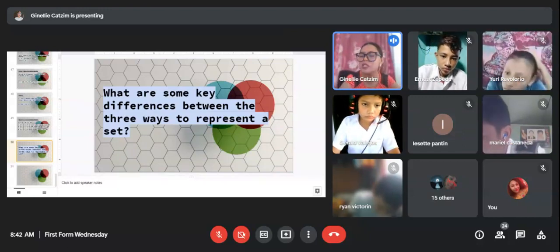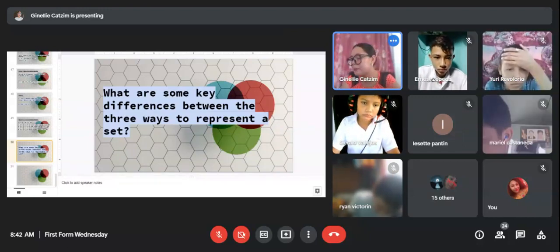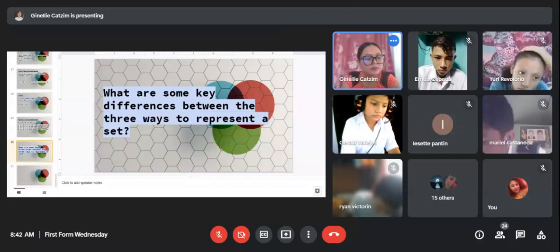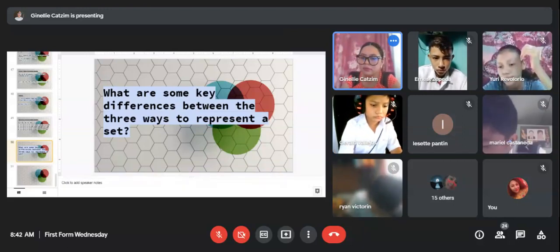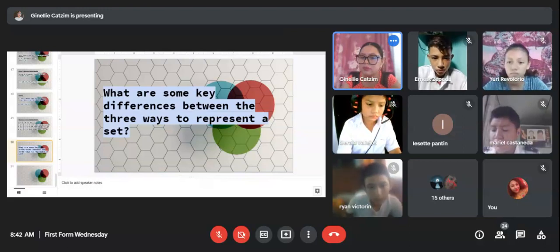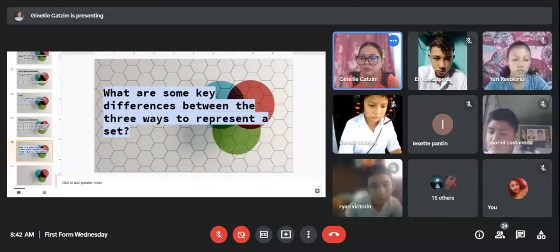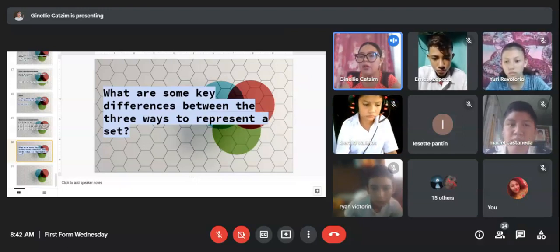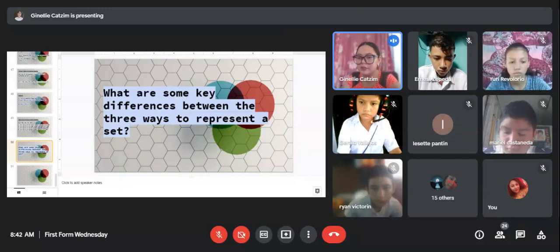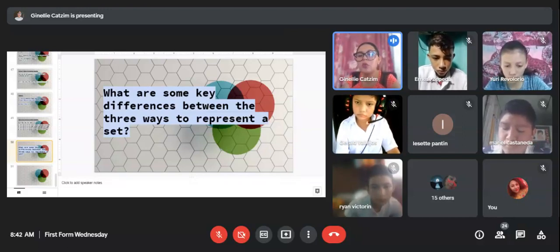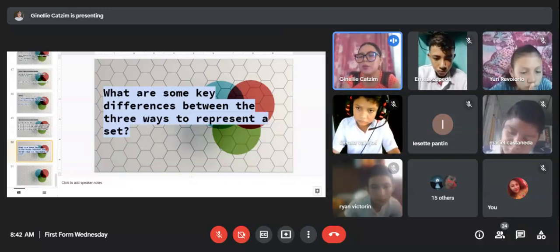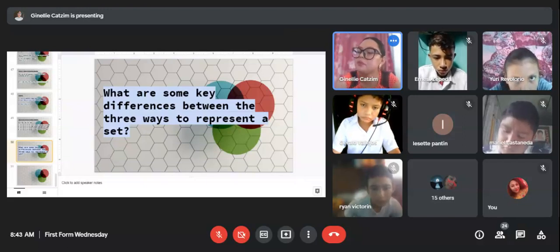What are some key differences that you notice about them? Any of you want to share something that you notice about the three types?